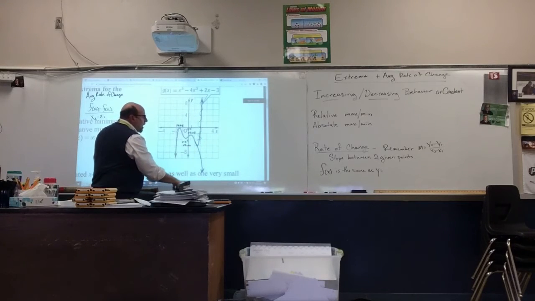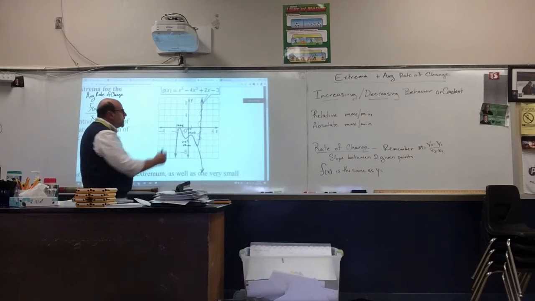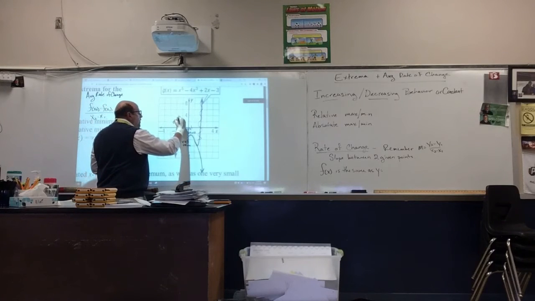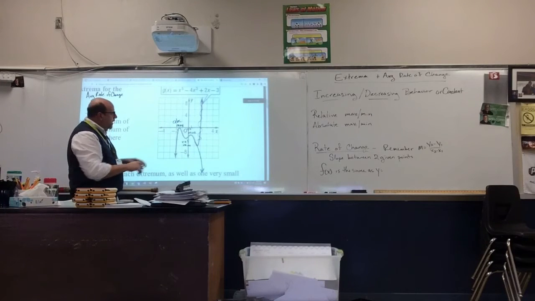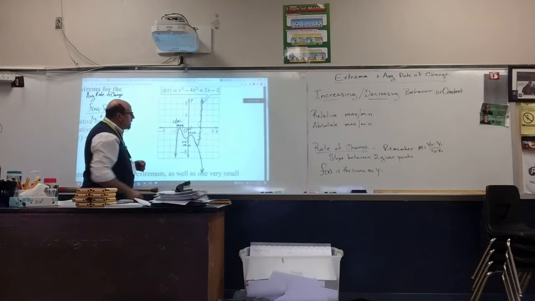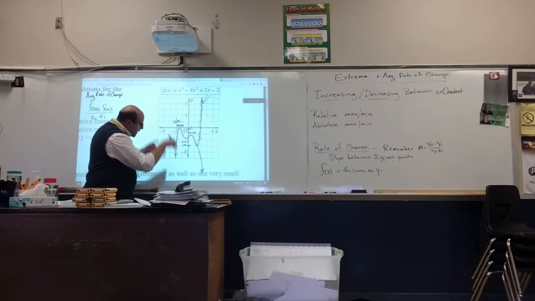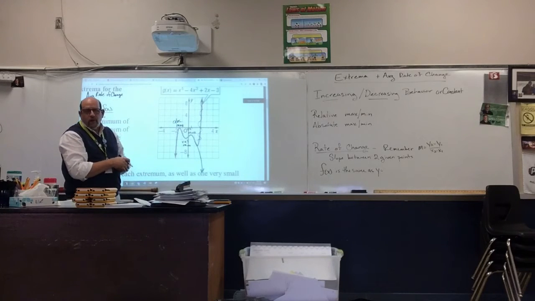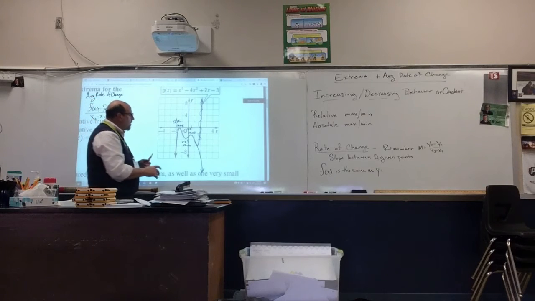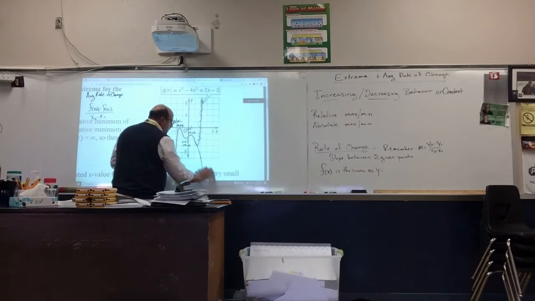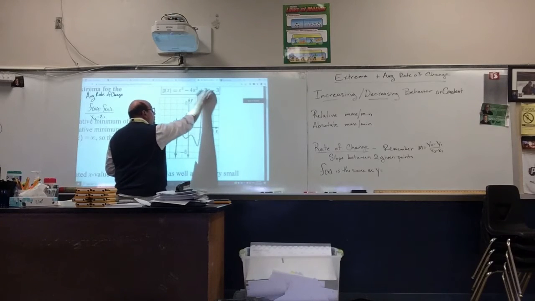That would be as high as this graph goes, so we would call it an absolute maximum, and then it would just have a relative minimum and another relative maximum. Right? So that's really all there is to it.